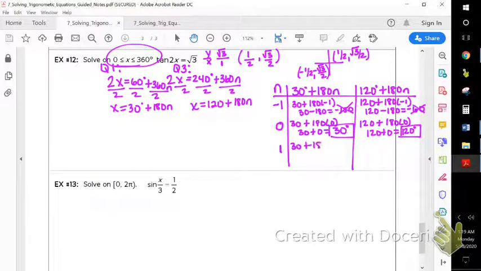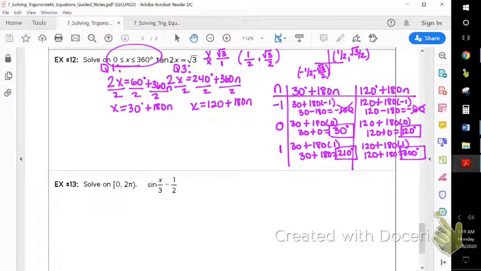So 30 plus 180 times 1, which means 30 plus 180, which is 210 degrees, which is between 0 and 360, so it's an answer. Plug in 1 over here, so 120 plus 180 times 1. That's 120 plus 180, which is 300, which is between 0 and 360, so it is an answer.